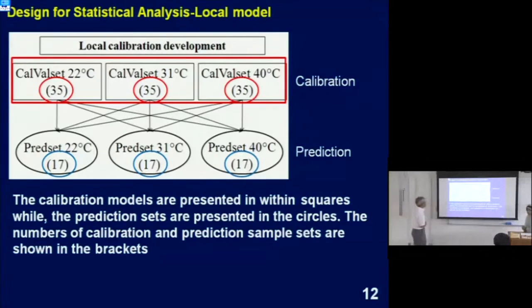The prediction sets are the numbers of calibration in the brackets.